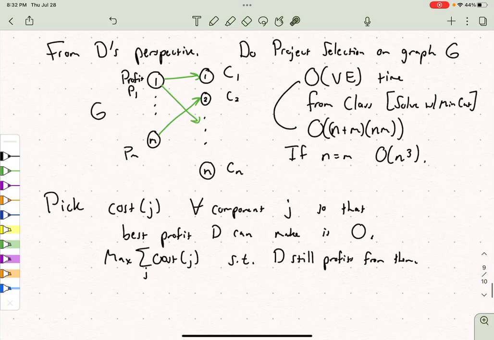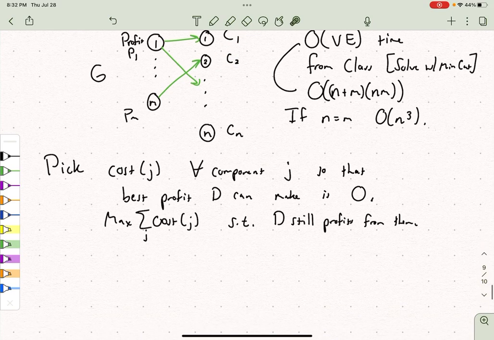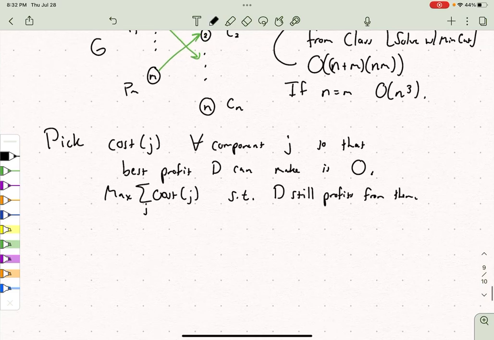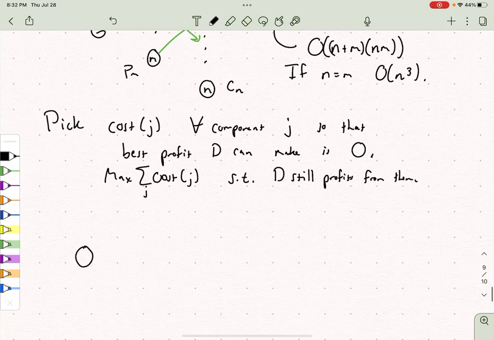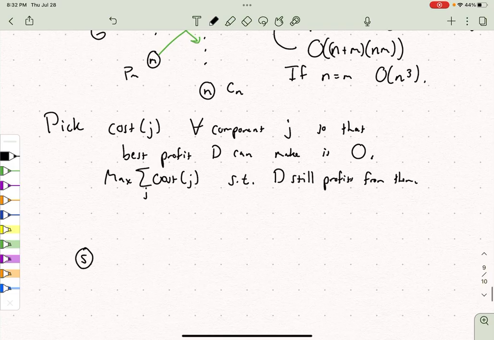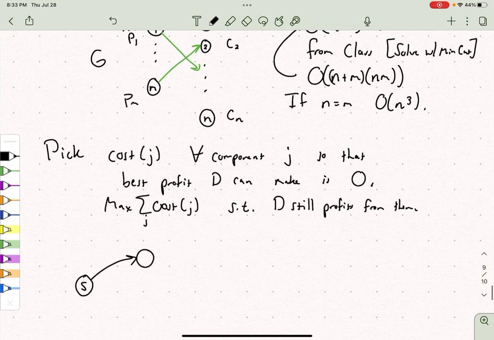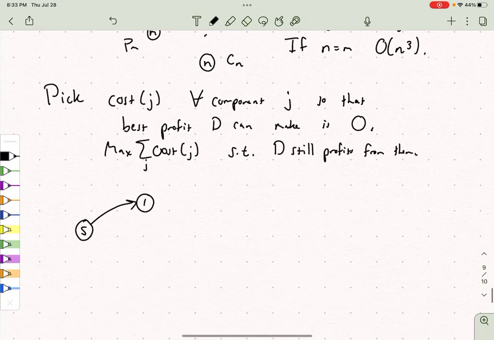So how are we going to do this? Well, we know that D is solving a project selection problem once it has the costs. So we're going to use that to our advantage. So if we remember what the project selection reduction looked like, we have S has edges to each of these 1 through M with the profit values.